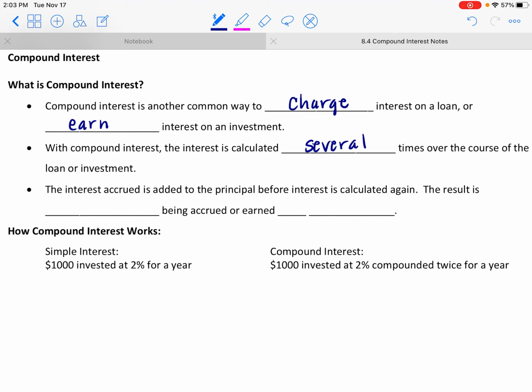Compound interest is going to be multiple times, and every time you calculate the interest, it gets added to the principal before the interest is calculated again. So the result is interest is being earned or charged on interest. So it's interest on interest, which could be good if this is an investment, but could definitely be bad if this is a loan. So let me kind of try to show you how this works, okay?